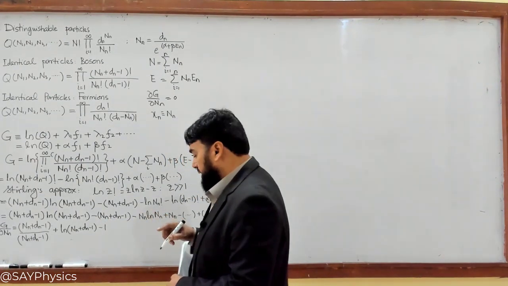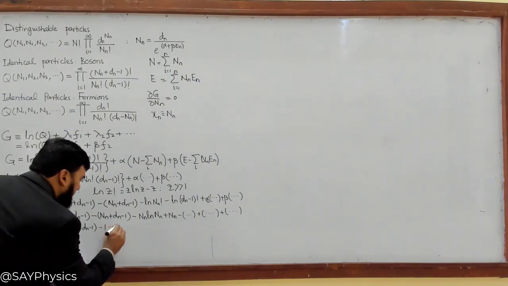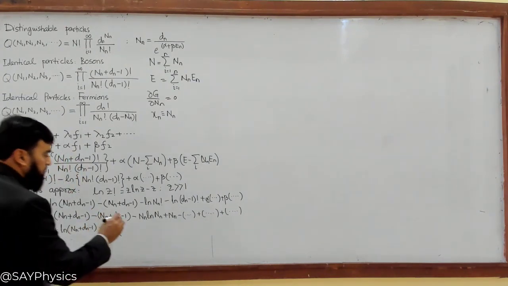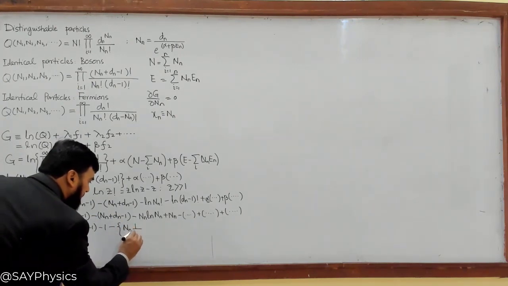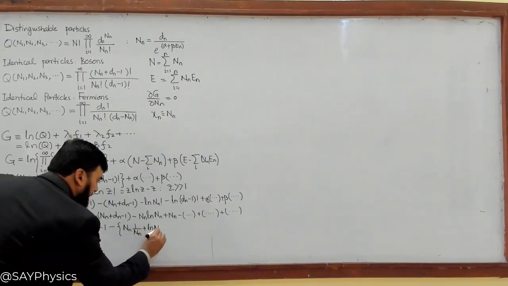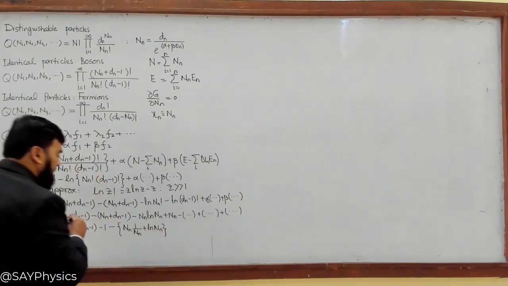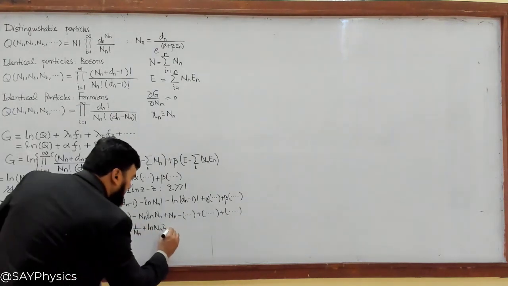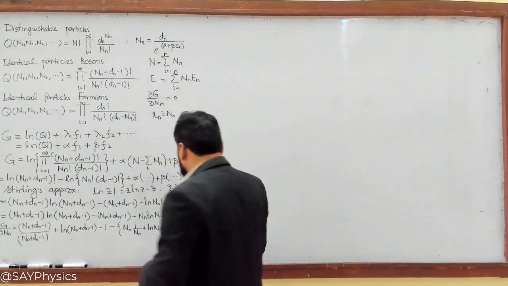And when you come here, then you will have again minus here, and you will apply the product rule. So first function into derivative of the second function plus second function into derivative of the first function, which is 1. So it is over there, plus nn, derivative comes out to be 1.